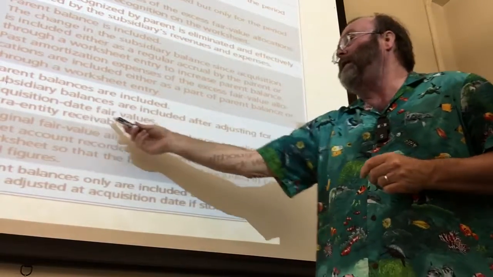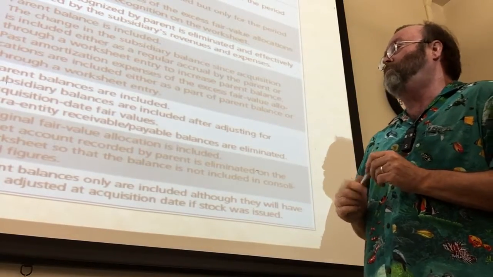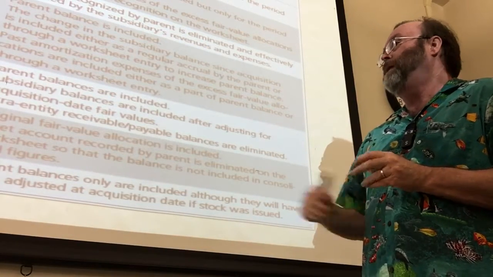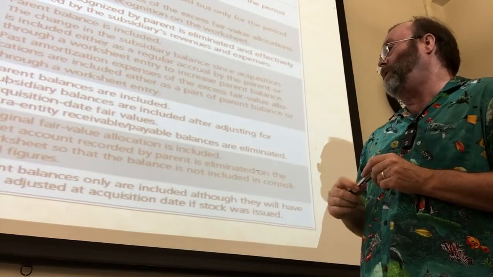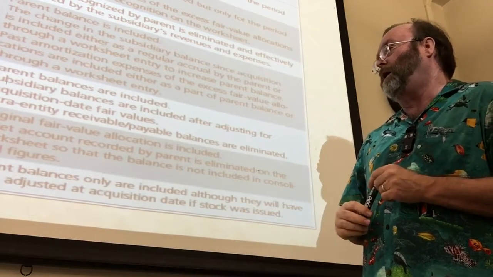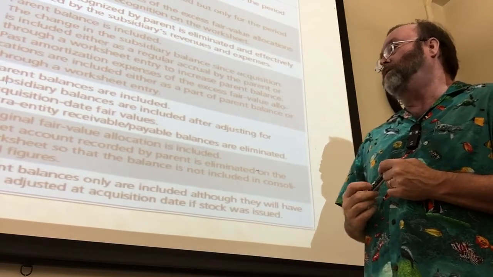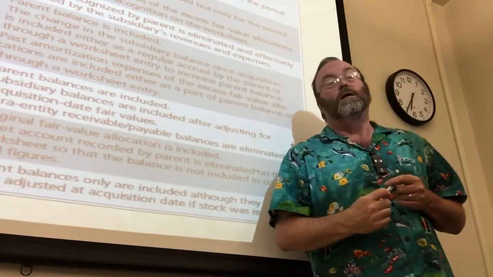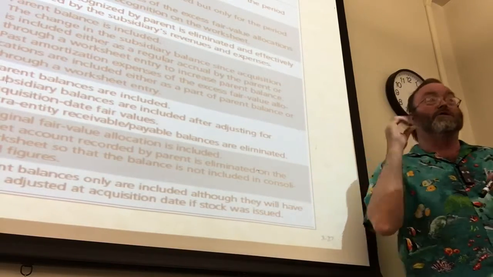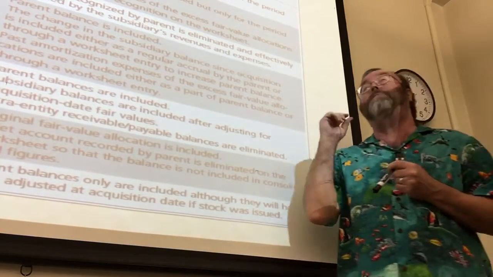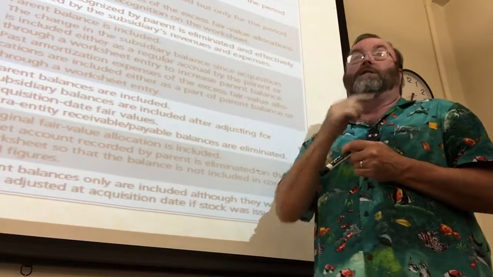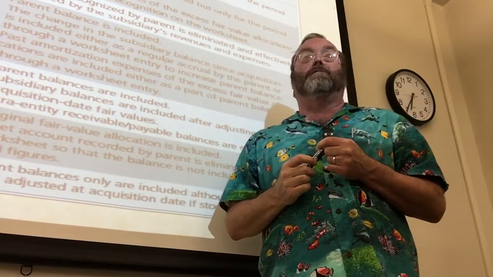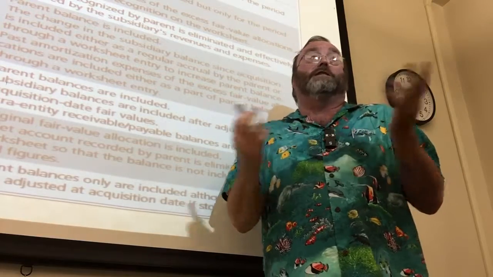And then you eliminate any intra-entity receivable or payable. And then the goodwill is booked at the parent level, and the capital stock and additional paid-in capital is also parent only. So when you get to the end, your stockholders' equity section should match the parent. All right? Because it's all that's left.